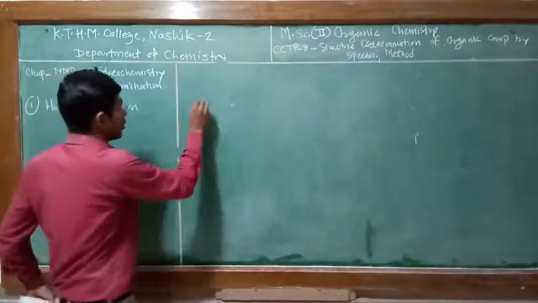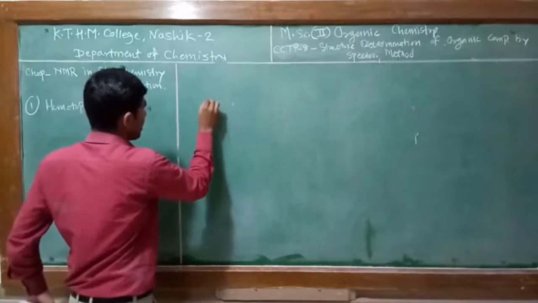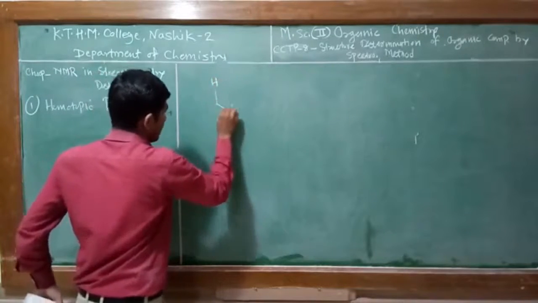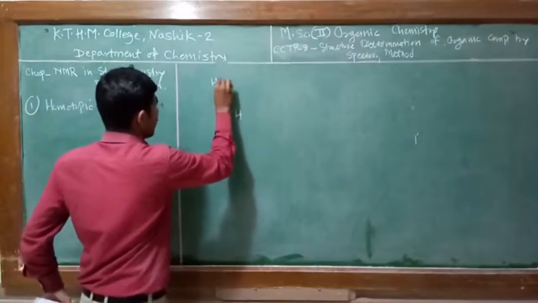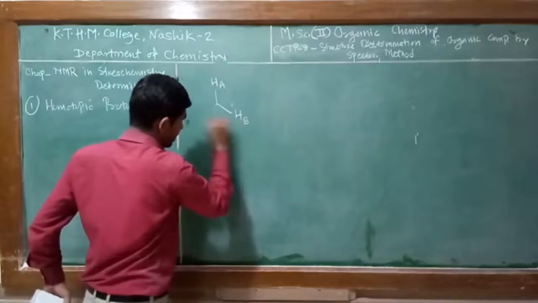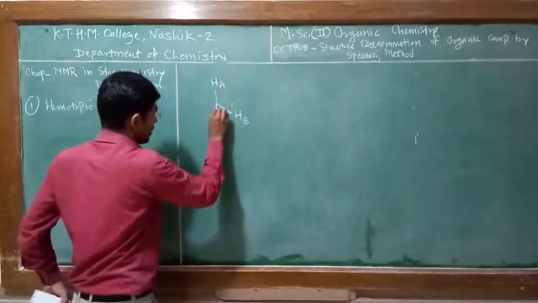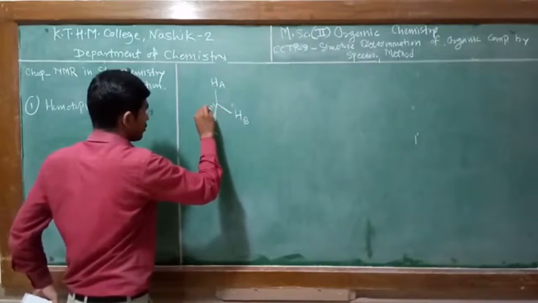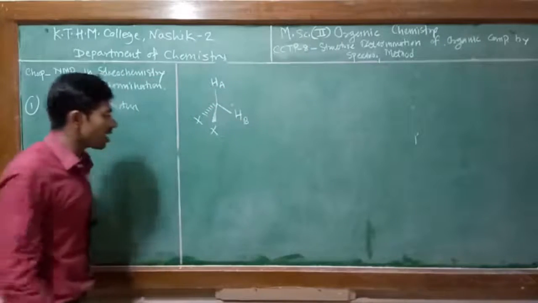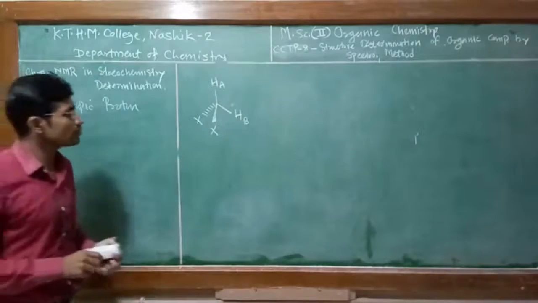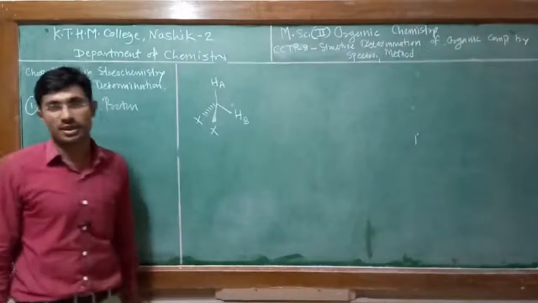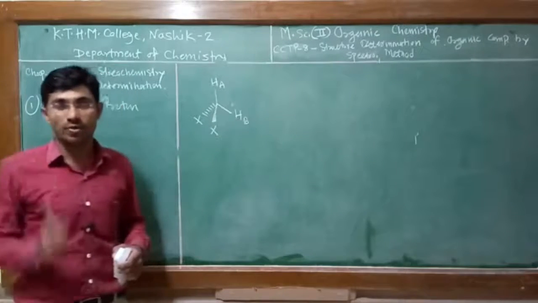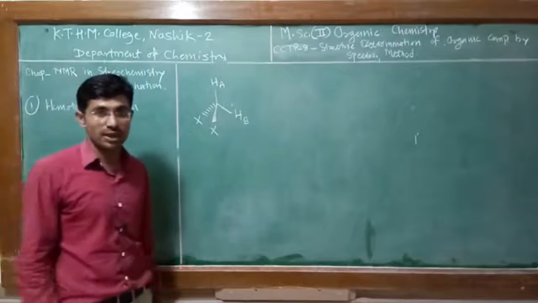For this discussion I consider the example of this simple compound, in which again a methylene group is present. For our convenience I take HA and HB, and I write the structure with X and X, so instead of R1 and R2 I take X. Both are the same here, and this compound has a plane of symmetry, and a C2 axis of symmetry is also present.